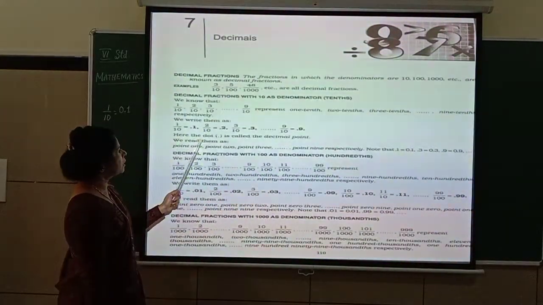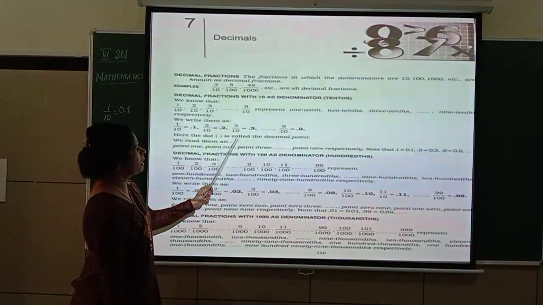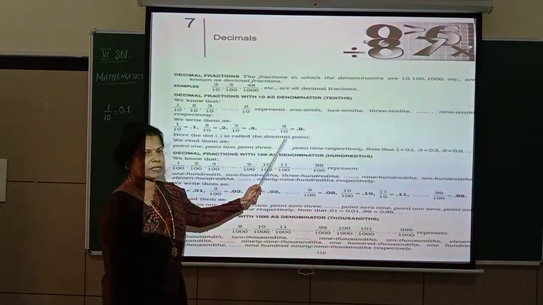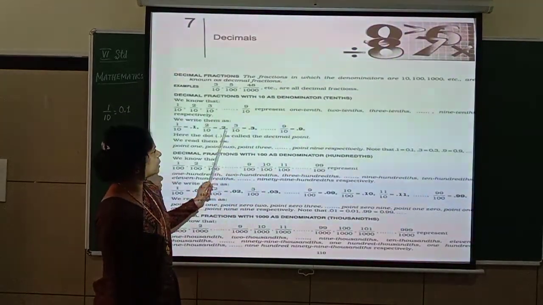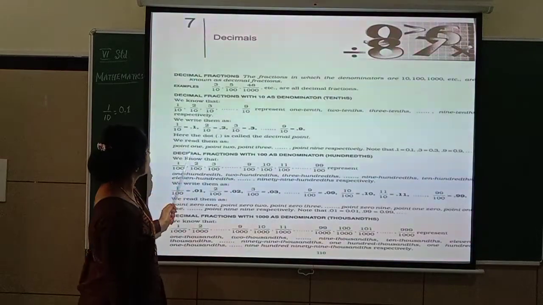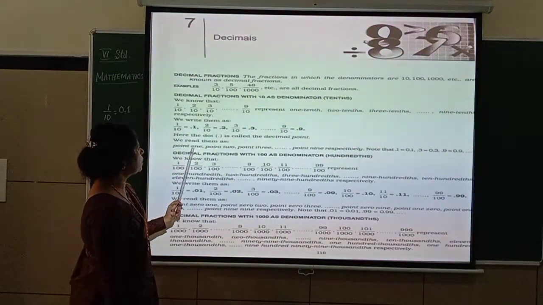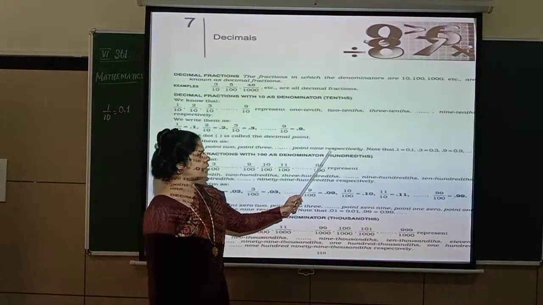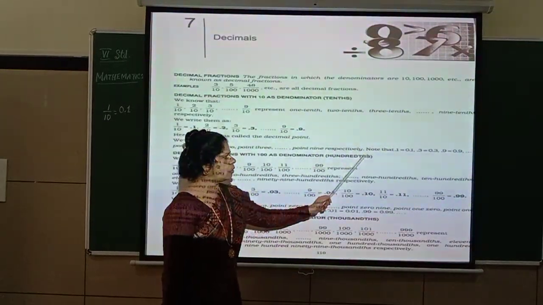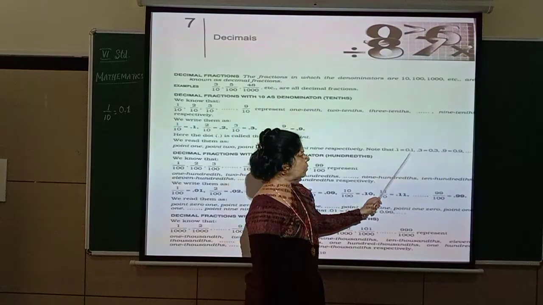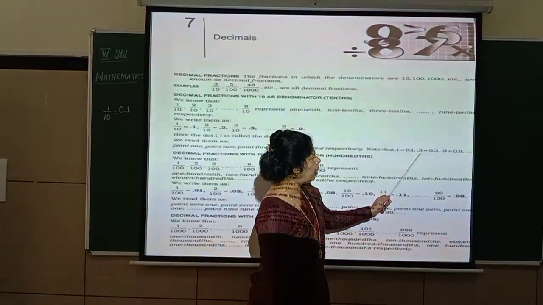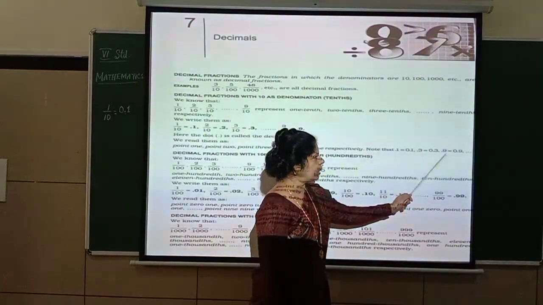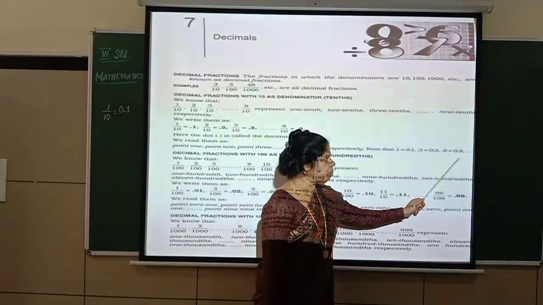Okay. Here the dot, that is point, is called the decimal point. We call that a decimal point. This is called decimal point. We read them as 0.1, 0.2, 0.3, 0.9 respectively. Note that 1 by 10 is equal to 0.1, 3 by 10 is equal to 0.3, 9 by 10 is equal to 0.9.